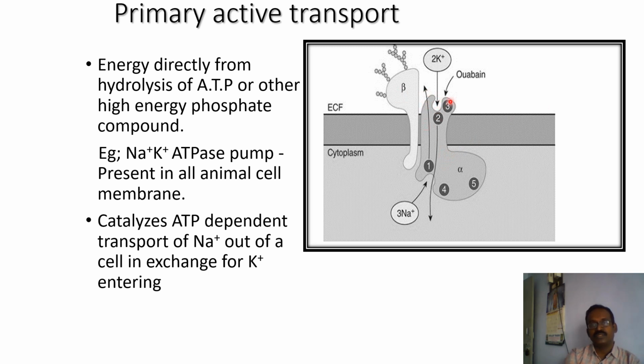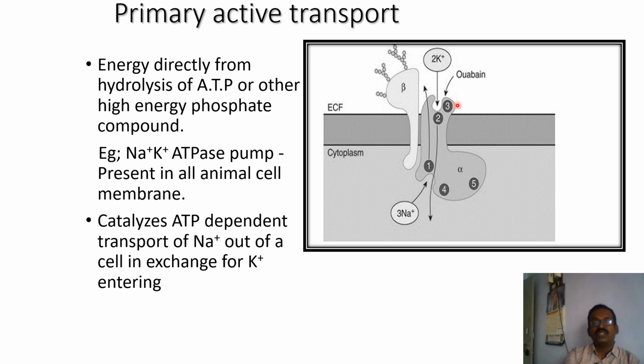The alpha subunit is larger than the beta subunit. Number 1 is the sodium binding site. Number 4 is the phosphorylation site. Number 5 is the ATP binding site. Number 2 is the potassium binding site. Number 3 is the ouabain binding site.